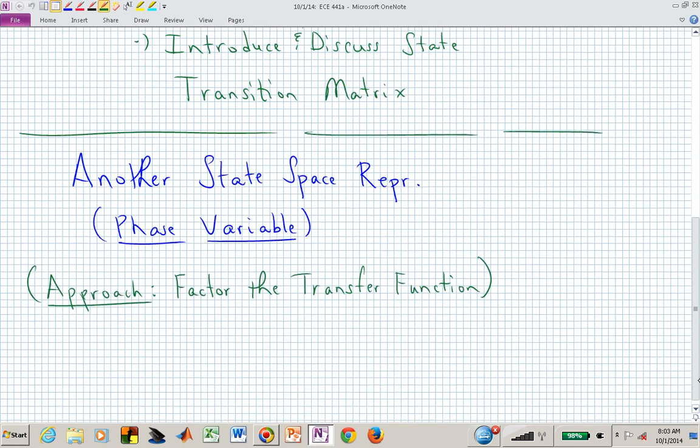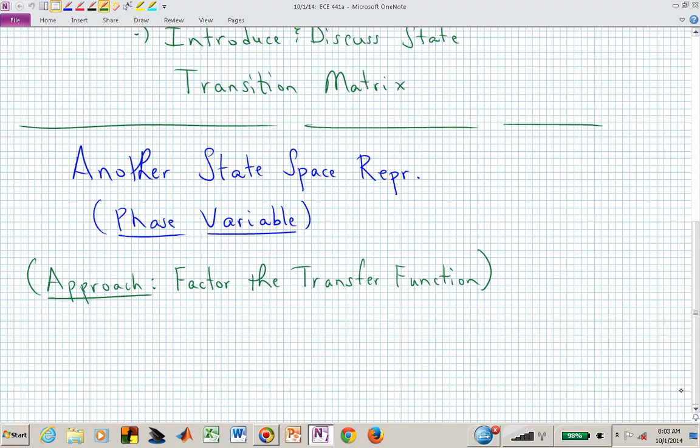Let's then get started with another way of taking a transfer function into a state space, and this one is different. We're calling this the phase variable approach. The last one was the input feedforward approach, and while you're writing that, I will start to return homework number 2, and in the back of that folder is homework number 1.